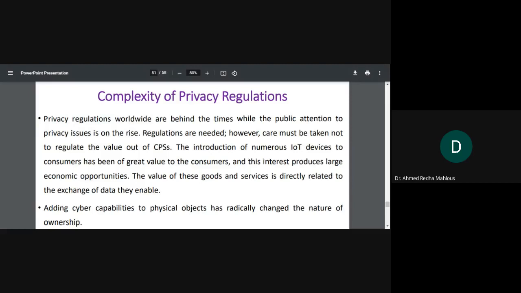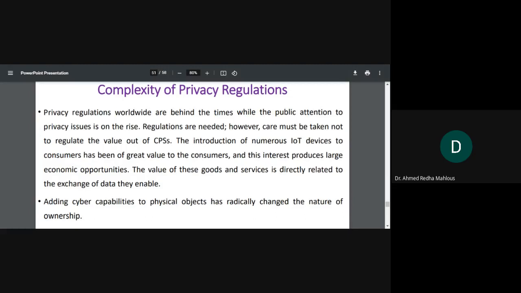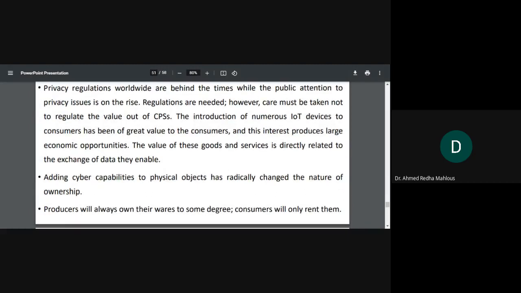This is the problem or the challenge that can be faced in a CPS environment. There is on one hand the privacy regulation, and on the other hand the concern about privacy, and you have to do the balance. Here we say that regulations are needed.